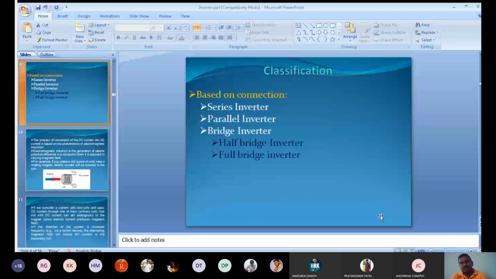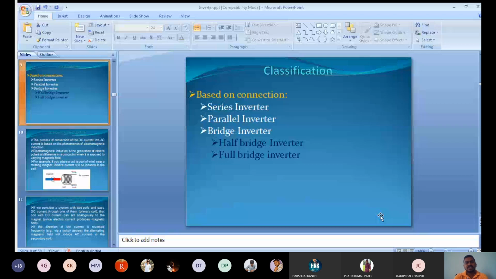It is classified into three categories: series inverter, parallel inverter and bridge inverter. And the bridge inverter is also classified into half bridge inverter and full bridge inverter.